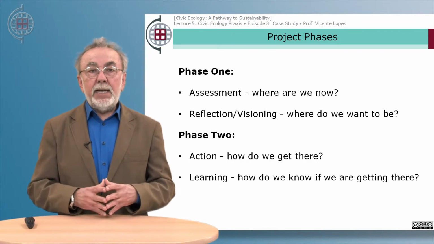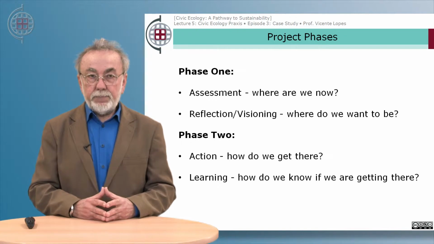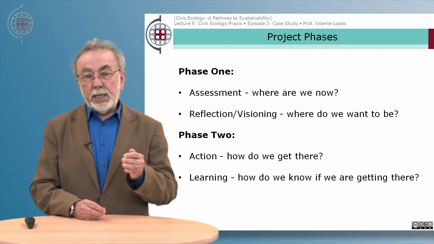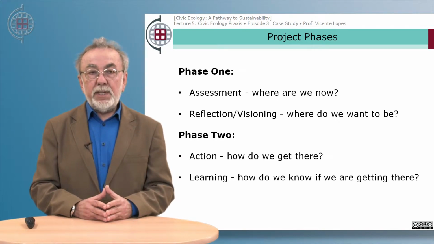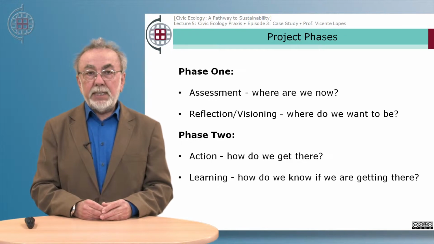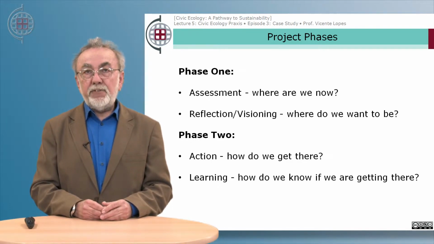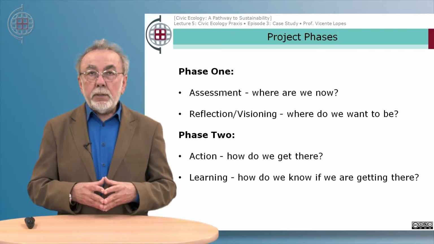We conceptualize each phase in two different subphases. In phase one, we divide it into two subphases, an assessment subphase and a reflection and visioning subphase. The goal of the assessment phase was essentially to answer the question, where are we now?